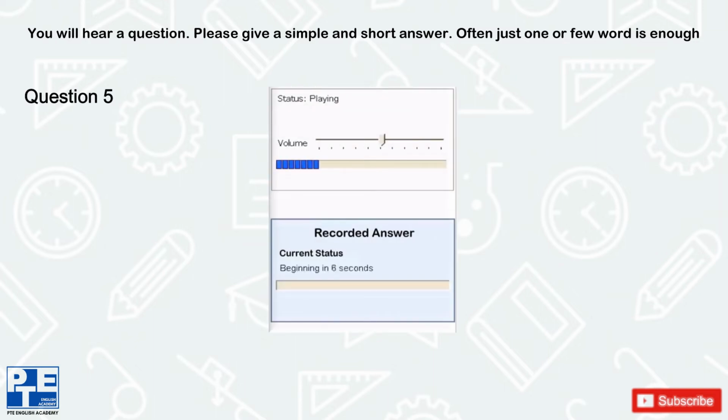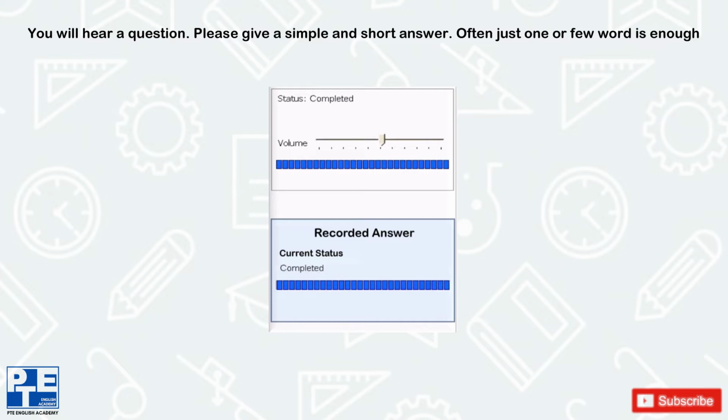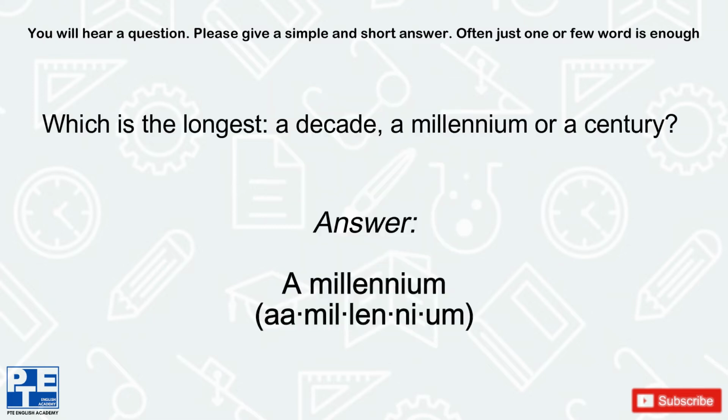Which is the longest? A decade, a millennium, or a century? Answer: a millennium.